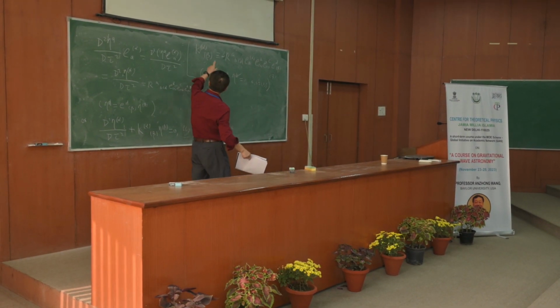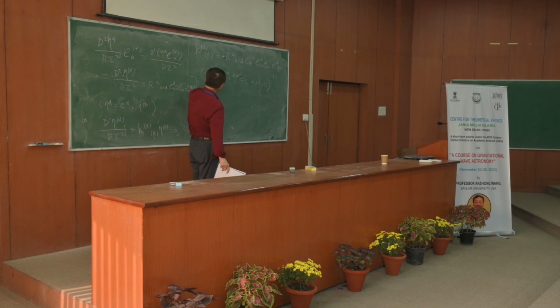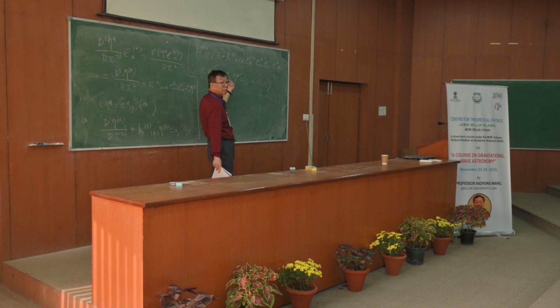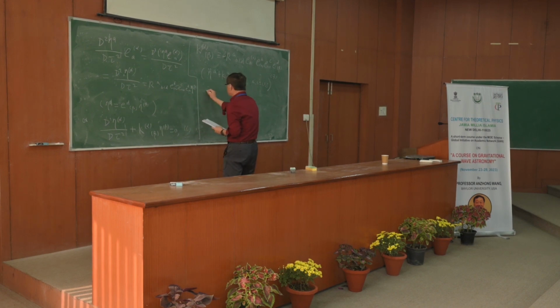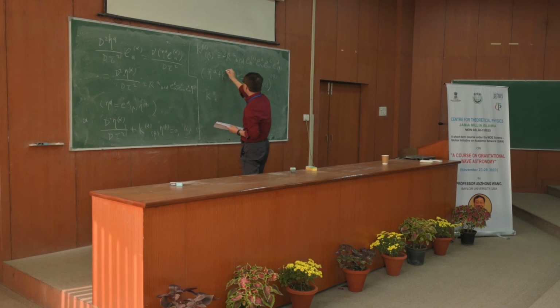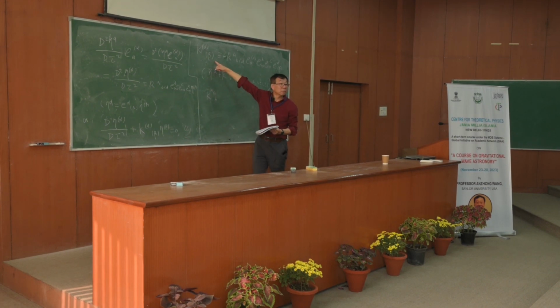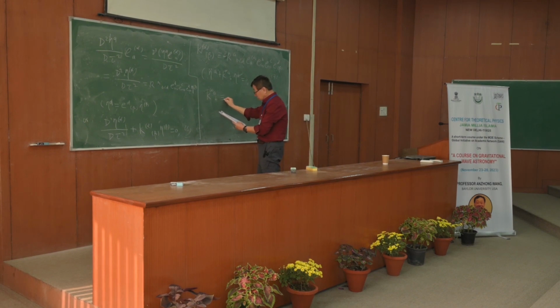So this is my chi AB, which in the Newtonian case is defined as minus d_A d_B phi.